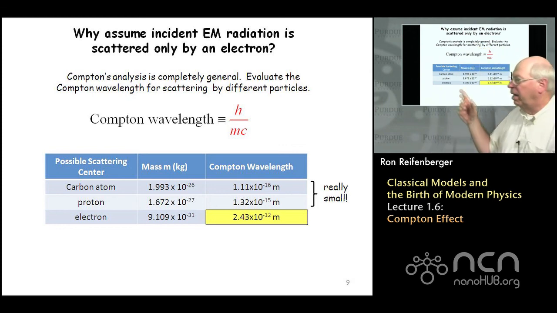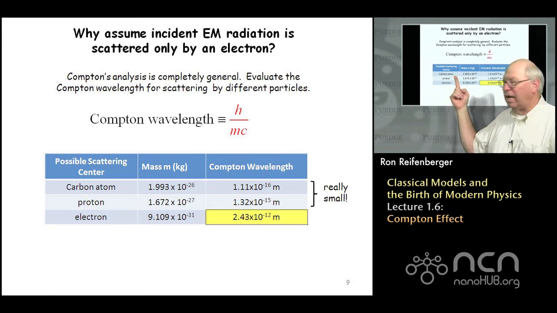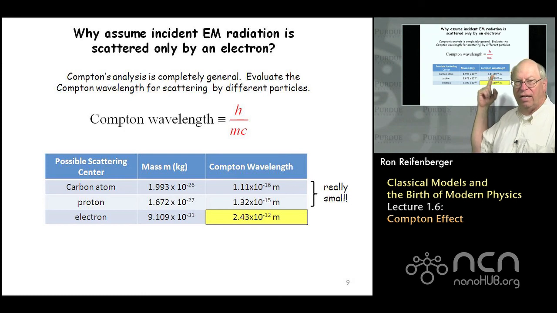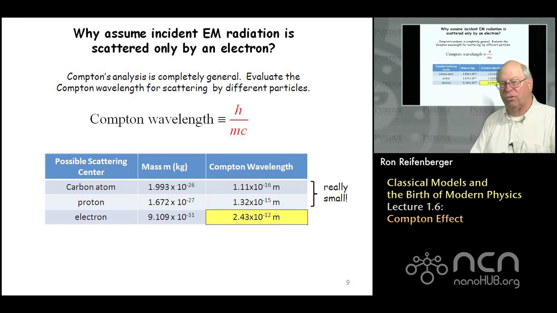So if the incident photons are scattered from a carbon atom, the exiting photons would have a wavelength shift that would be undetectable simply because it would be shifted by a quantity that's too small to be measured.